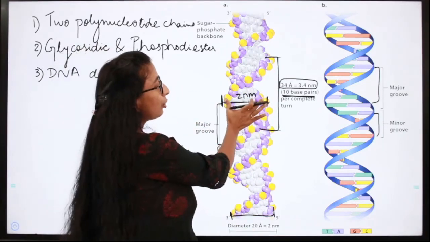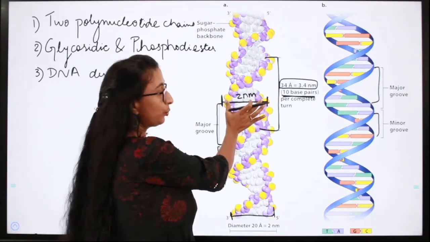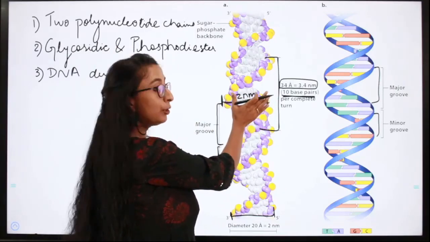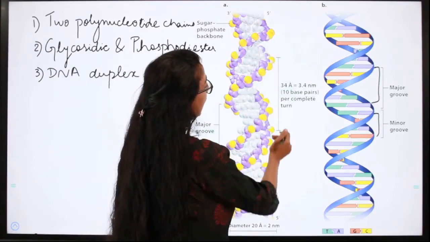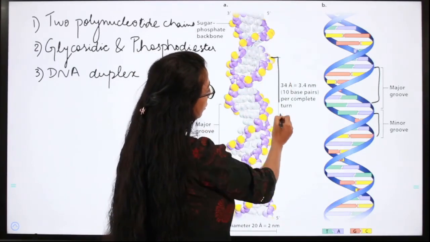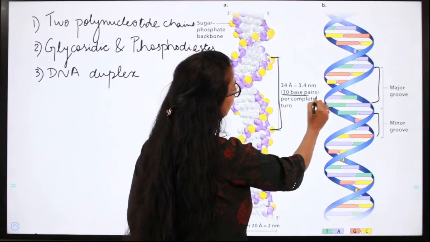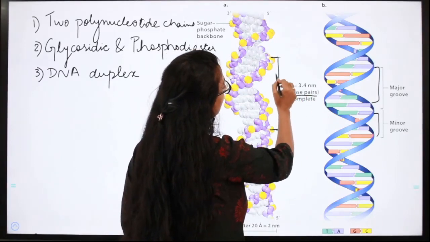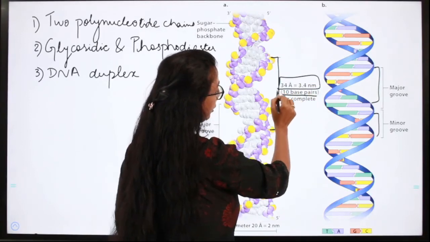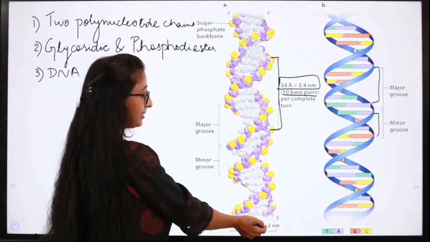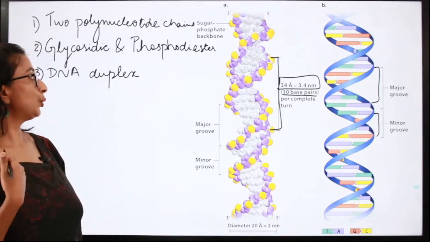The diameter of DNA is 2 nanometer or 20 angstrom unit. And then per turn of the helix, you have approximately 10 base pairs, and this measurement is 34 angstrom unit or 3.4 nanometer. Okay, and then the diameter is 20 angstrom unit or 2 nanometer.